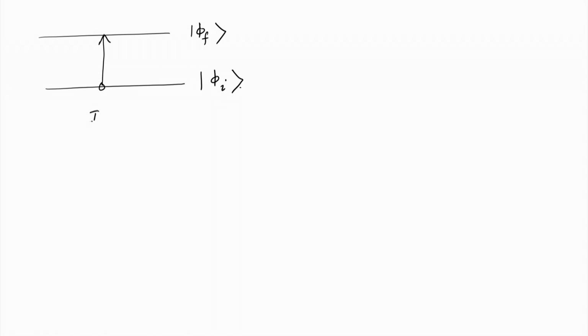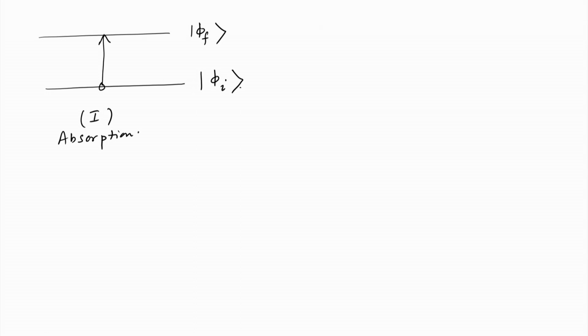So, you have a two level system here, call this phi f, which is nothing but the index m, and this is phi I, and so that is term number 1, the absorption term or the anti-resonant term.